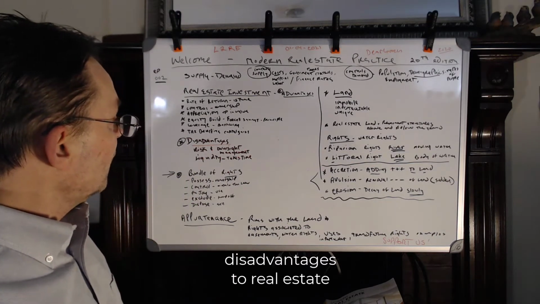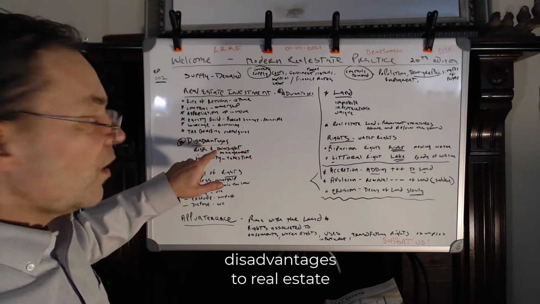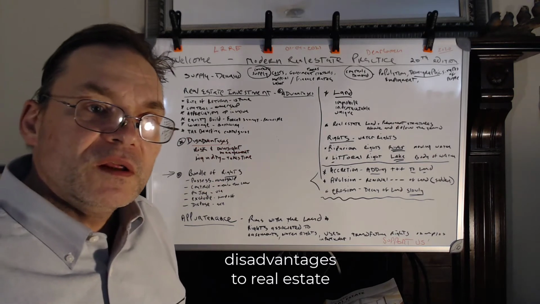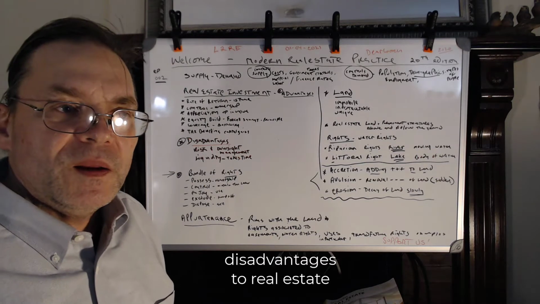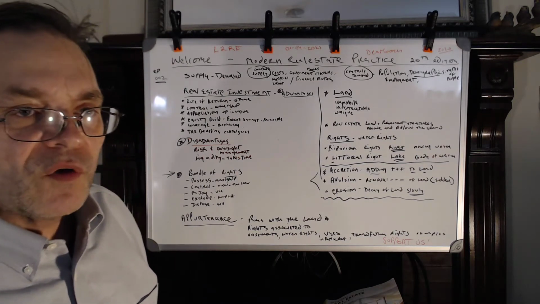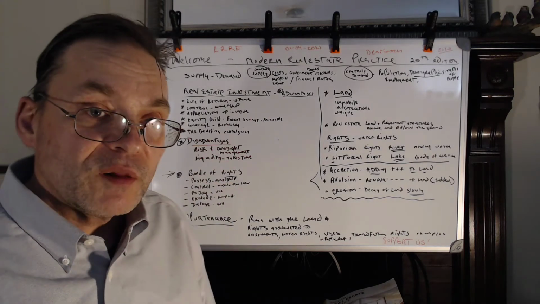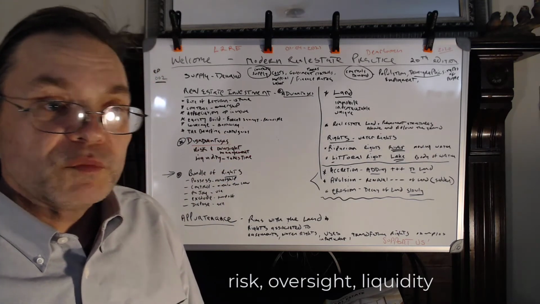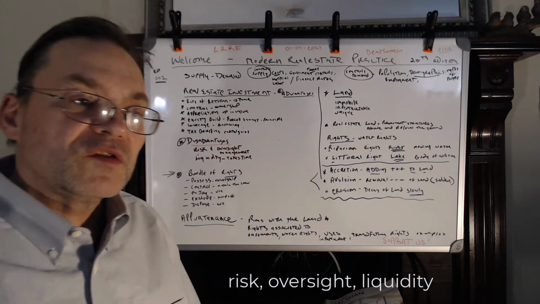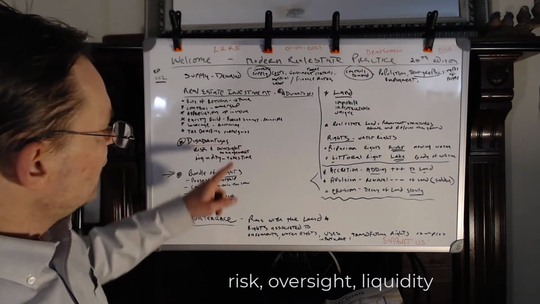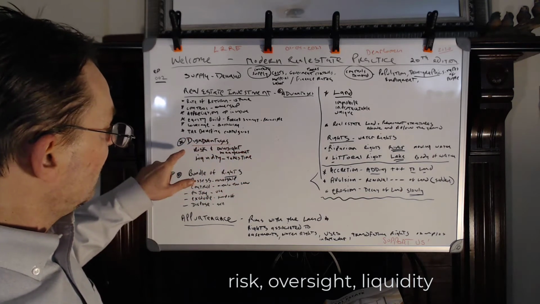The disadvantages: you'll have a risk, and you also need to oversee that the property is being cared for and bills are being paid, which is called oversight. Sometimes if you're not available or you're not around, you can lose property to default. Nobody's paying the bills, things go into default. So you need oversight, and you need to manage this oversight.